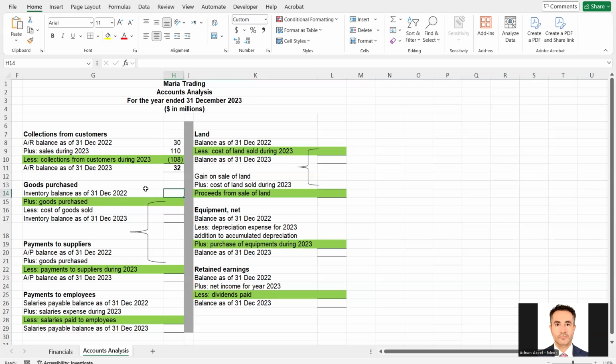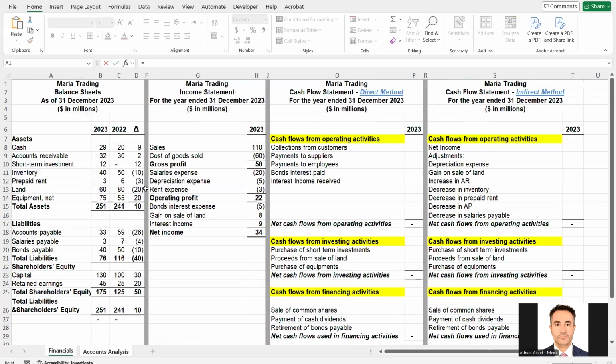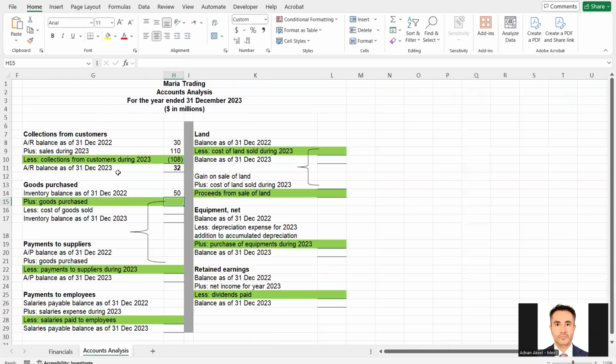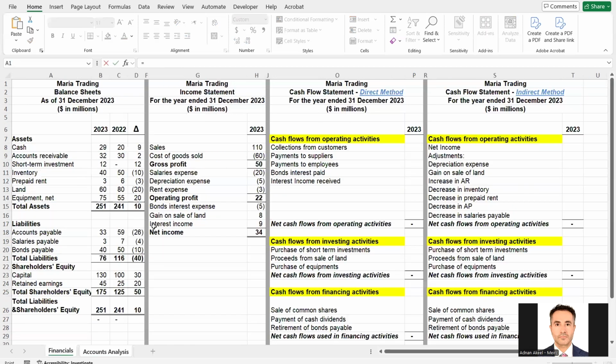Starting with my inventory beginning balance, I started with 50 million of inventory. Now, how much did I purchase? Still, I don't know. I will come to this later. How much did I sell goods for? That is the cost of goods sold, 60 million. And how much did I end the year with as ending inventory from the balance sheet? 40.